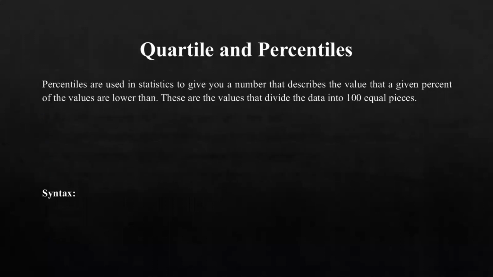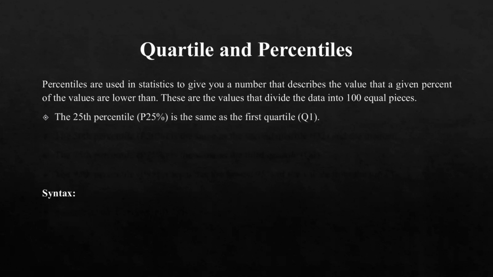Next, we have percentiles. Percentiles are used in statistics to give you a number that describes the value that a given percent of the values are lower than. These are the values that divide the data into 100 equal pieces. The 25th percentile, or P25, is the same as the first quartile.